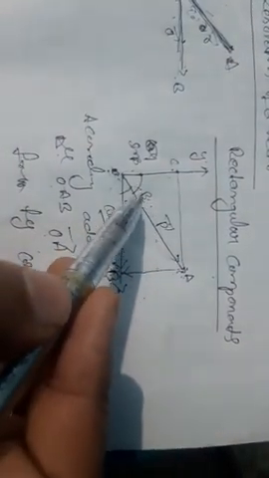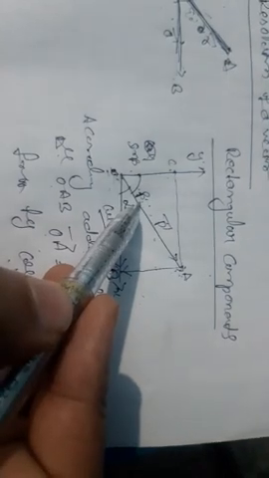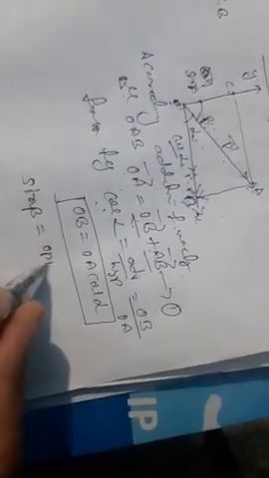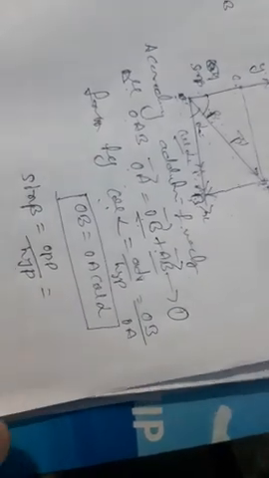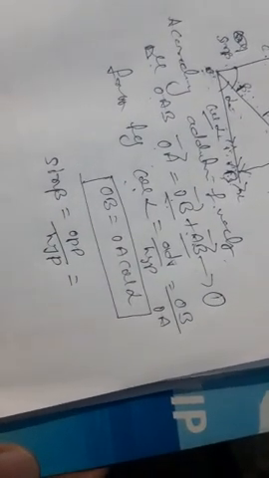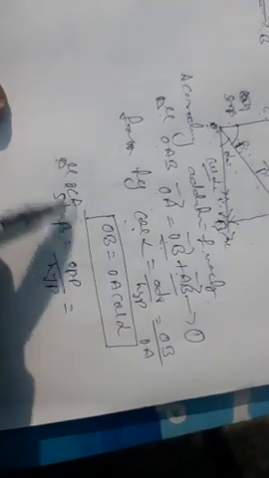The diagram shows the vertical line at angle beta, not B. Beta. The direction is sin beta, along the y direction. What is the definition of sin theta? That is opposite by hypotenuse side. From the triangle OCA, sin beta is equal to opposite by hypotenuse.